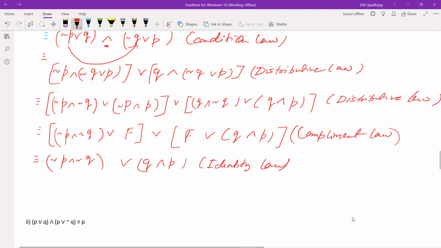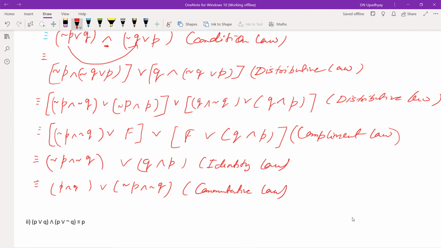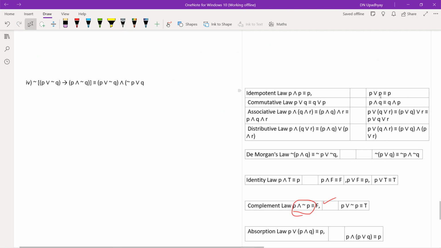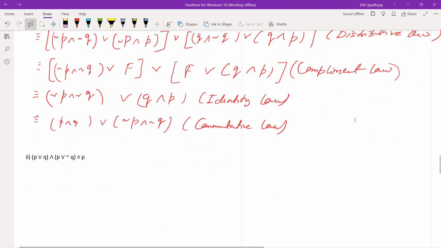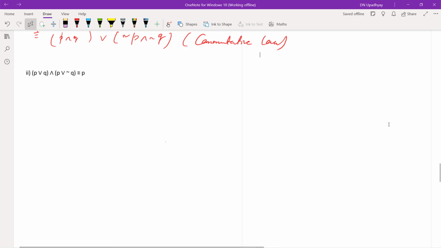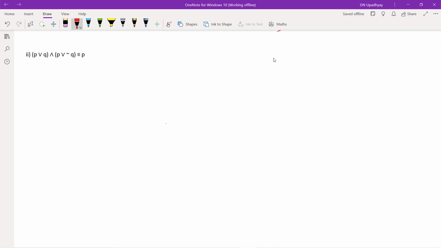And after changing the sequence you will get the same thing, P and Q, or negation P and negation Q, right? Commutative law means we can change the sequence. See this, we can change the sequence. Okay, so this is question number 1.